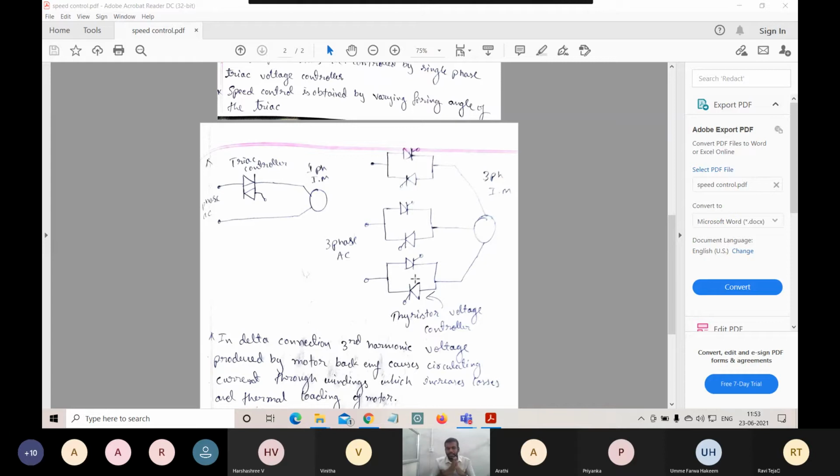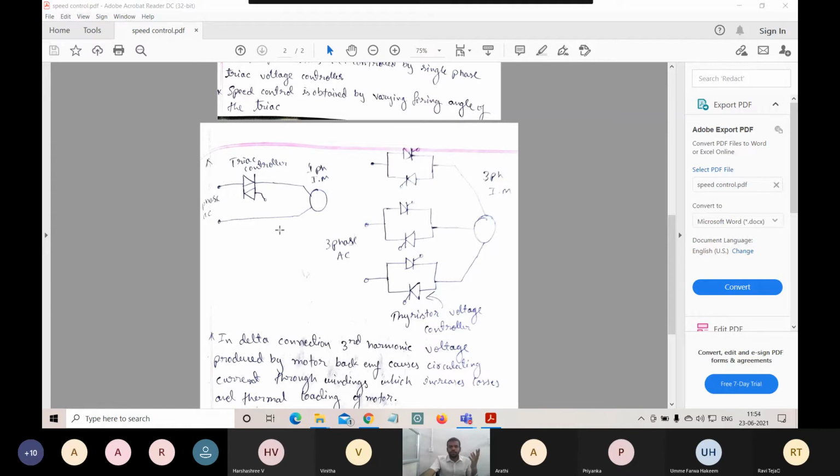So by making use of SCRs connected in anti-parallel, if you are using a three-phase induction motor, you will have three sets of anti-parallel connected thyristor devices, which act as our cycloconverter or inverter. This is our three-phase induction motor.